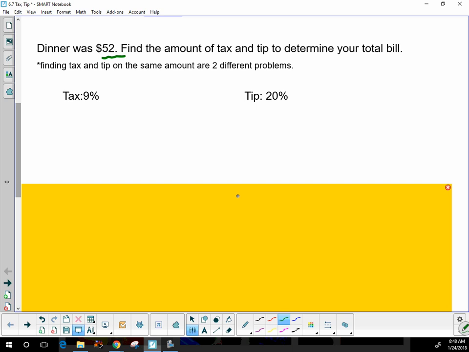Okay, so you can pause the video now and work that out for yourself. Okay, so in this part, I'm going to multiply it. I'm going to use my decimal because that's just kind of easy.